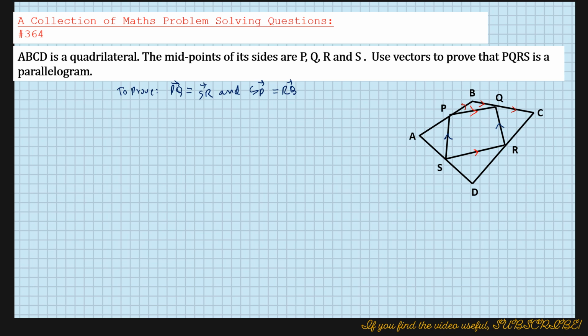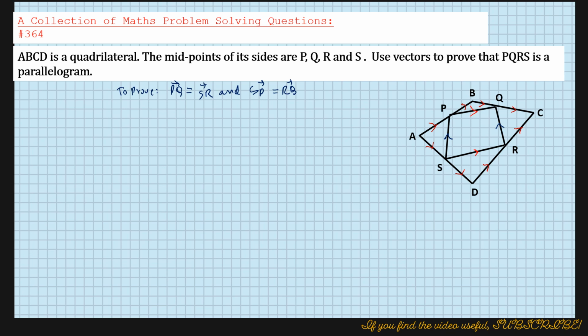RC goes this way, R to C, the same as D to R. Then SD, and AS, of course, is going to be that. AP and PB will be in the same direction. So we've determined the directions now.